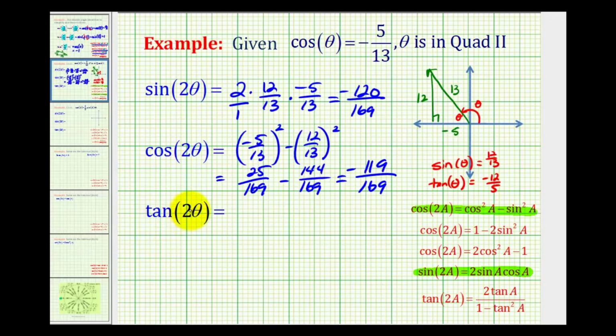To determine tangent of 2 theta, we could use this identity here, but since we already found sine 2 theta and cosine 2 theta, tangent 2 theta is equal to sine 2 theta divided by cosine 2 theta. So there's no need to use this identity here if we already have sine 2 theta and cosine 2 theta.